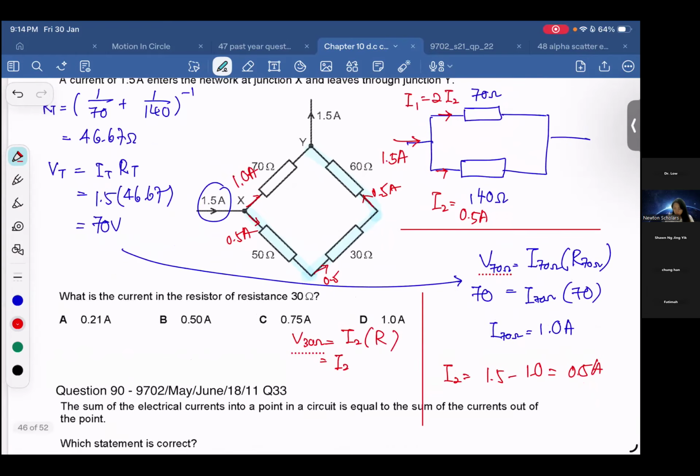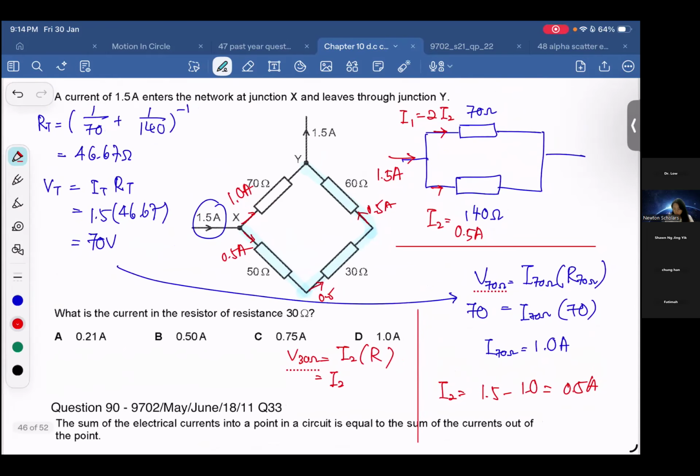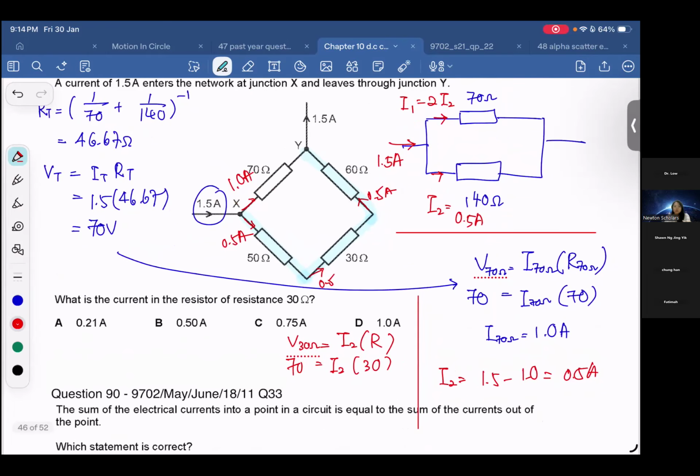Can I say that the 30 ohm is the resistance here? Can I do so? What do you think, dear? I want to find the current flowing through the 30 ohm. Can I use the method that I write down right now?